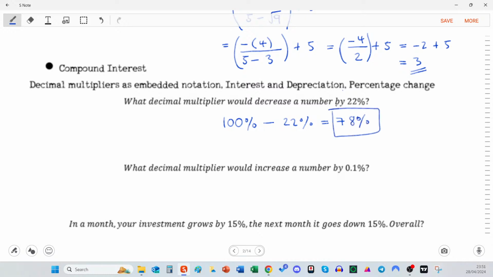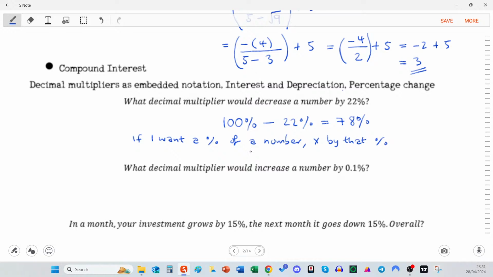And this is the number that I focus on with decimal multipliers. This is really crucial, I'm going to write this down. If I want to find a percentage of a number, just multiply by that percentage. So I want to find 78% because that is what's left after taking off 22%. So I just multiply by 78%.